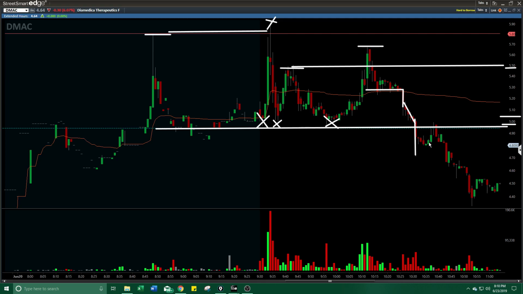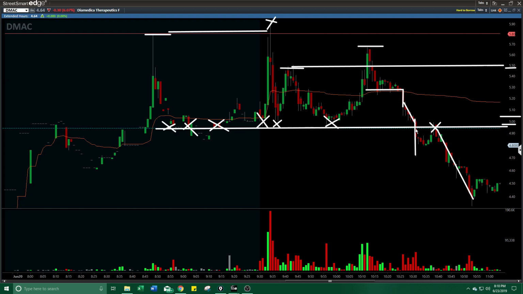And then when it came back up, look at what was resistance on it, $5. And then from that, it just crashed all the way down to 4.40. The more times a stock will test a support area or a resistance area, the weaker that area is going to get. This came down to this $5 level 1, 2, 3, 4, 5, 6, 7 times.